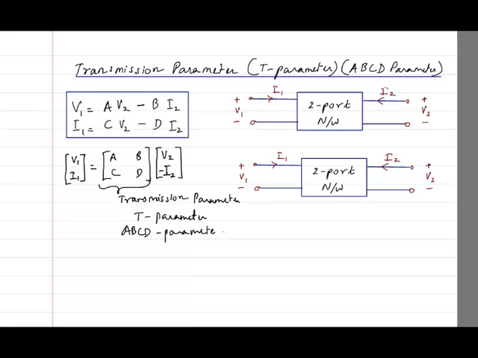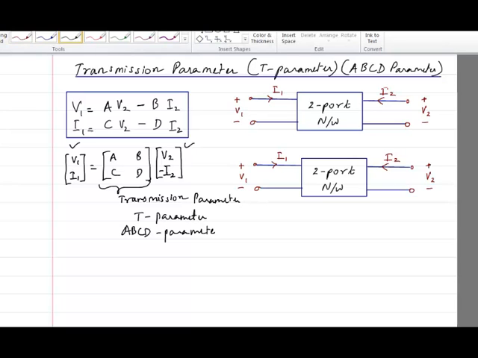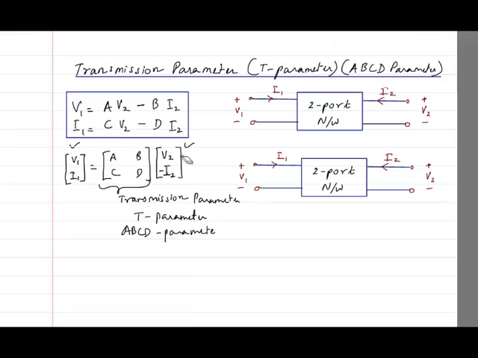Anyway, for us what is important is that we have to get the equation in this form. It is called transmission parameter because it is trying to find the relationship between input and output. You can see here this is input and this is output. Now you might be thinking why we have taken it as negative.